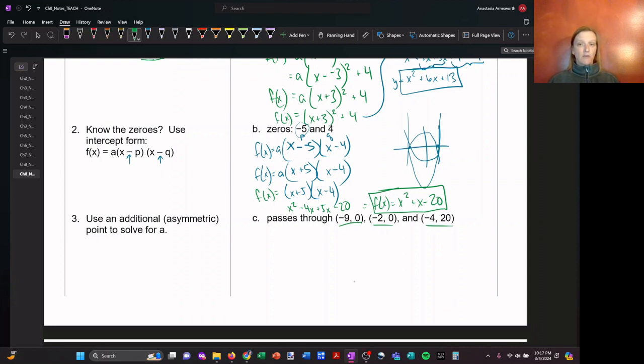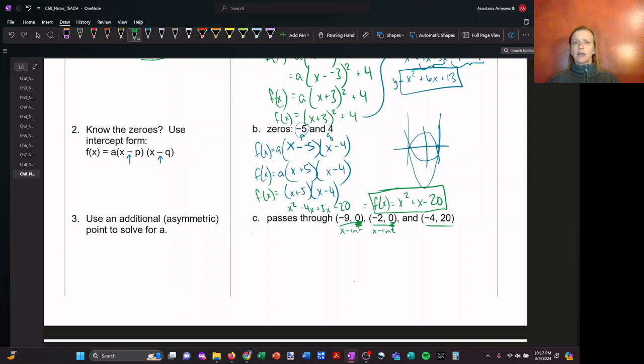For this parabola, we know two x-intercepts. These are my x-intercepts here and here, and I know that they're my x-intercepts because y equals 0. Because I know the zeros, going with intercept form makes the most sense.